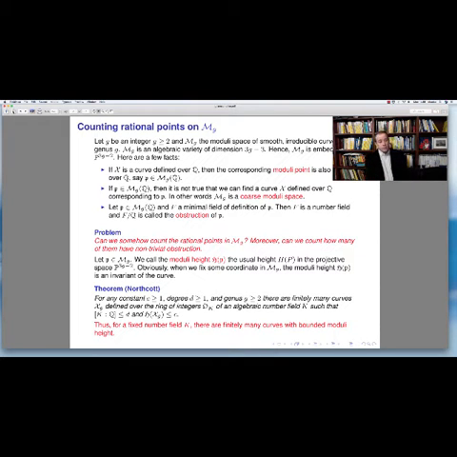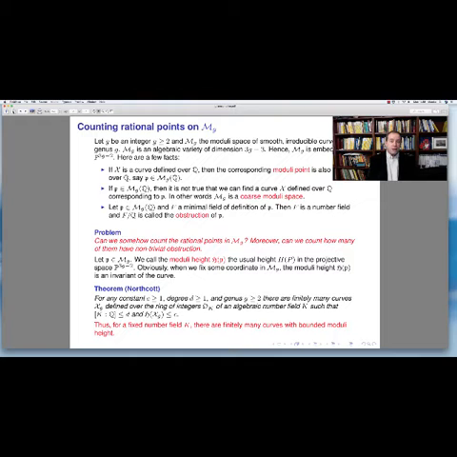So what do we want to do? Here are a couple of questions that I have been considering in the last few years. Can we somehow count the rational points in the moduli space? Moreover, if we can count, can we decide how many of them have non-trivial obstruction or trivial obstruction?